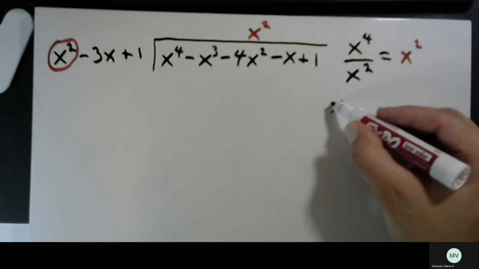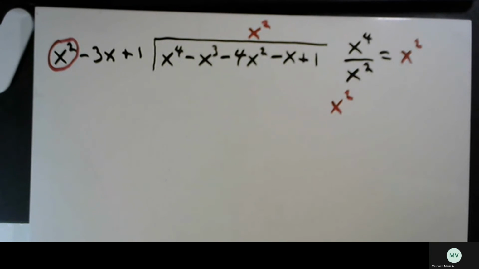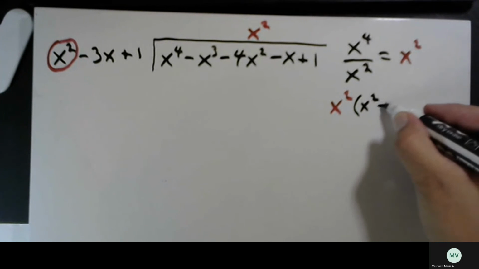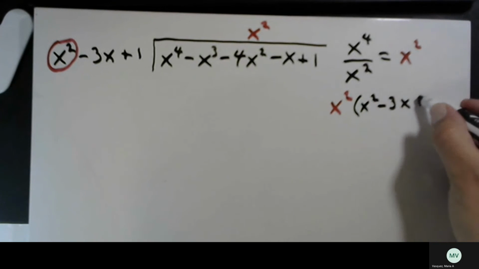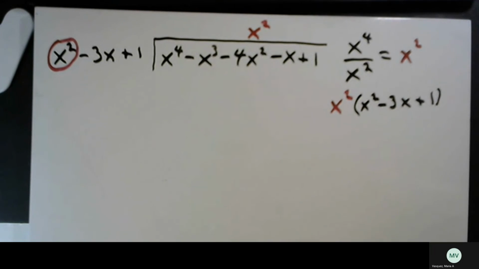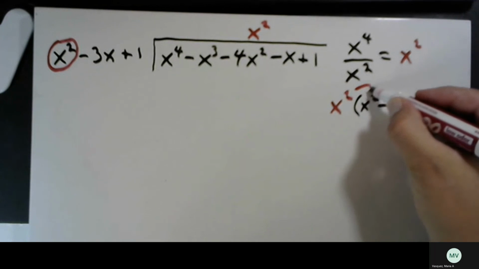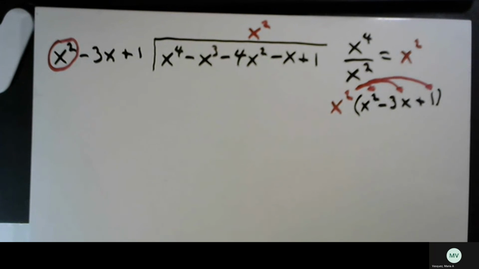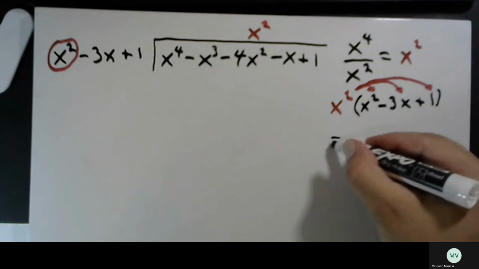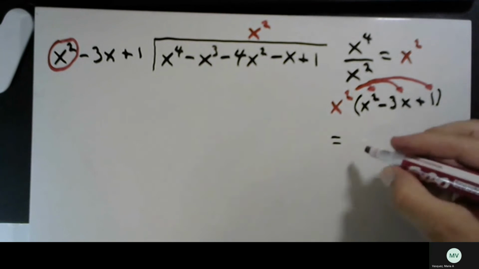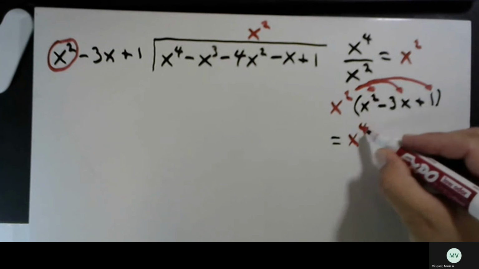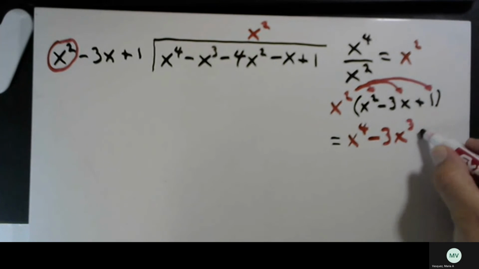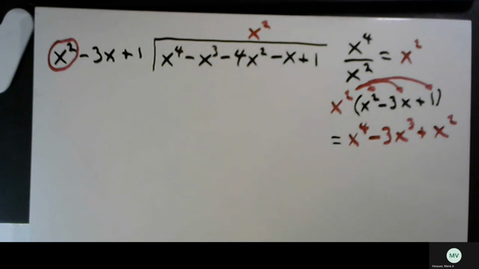And then we take the x squared, we multiply to the entire divisor. We get x to the 4th minus 3x cubed plus x squared.